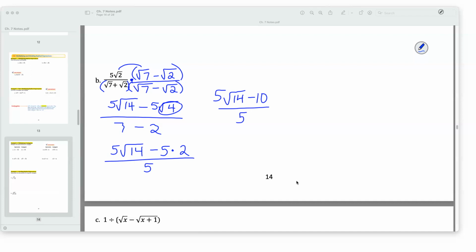So 5 square root of 14 minus 10, if I factor out a 5, I'm left with this. And if I then notice that I can divide out 5 from the numerator and denominator, I'm left with the simplified answer of the square root of 14 minus 2.